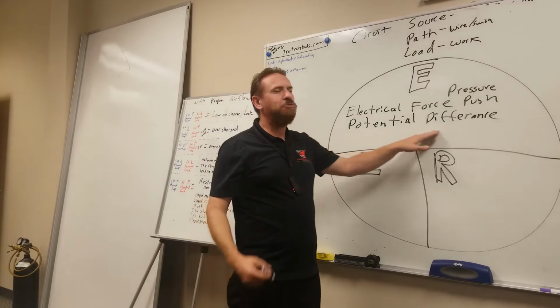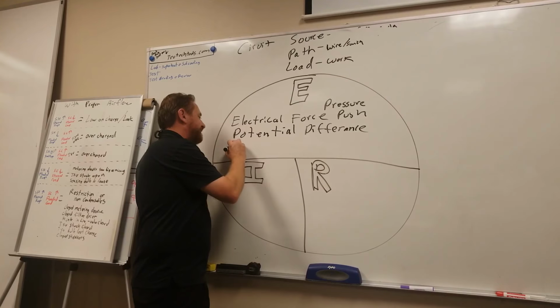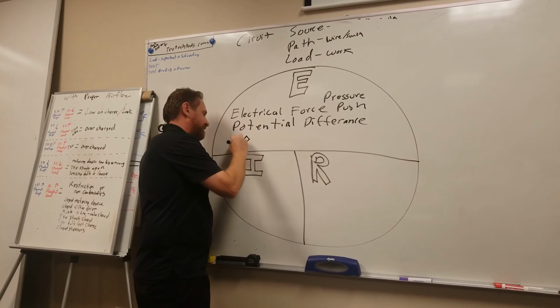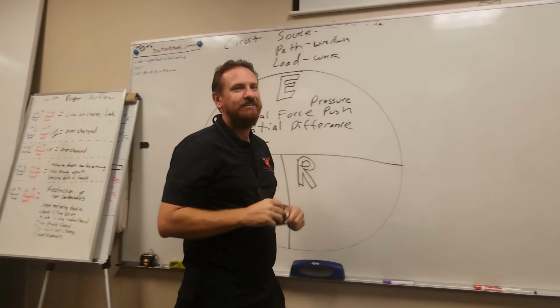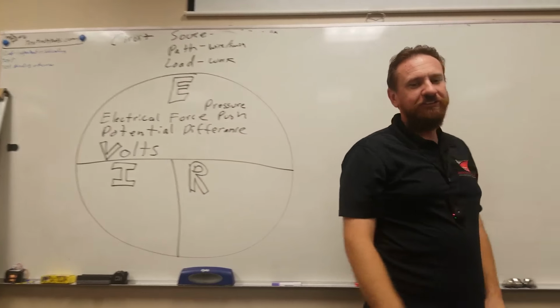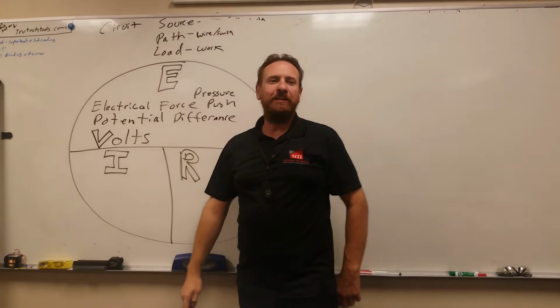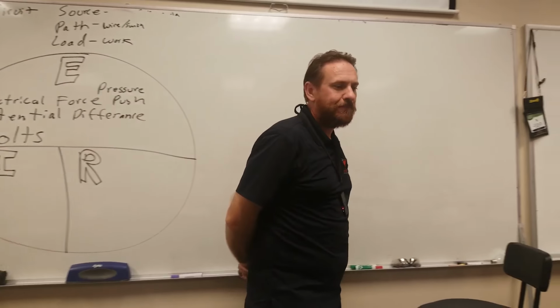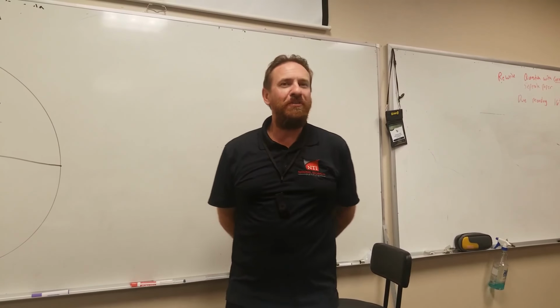So potential difference between two different points. This is also known as volts. So this guy came up with this, and he used the letter E for electrical pressure, electromotive force. And then after he dies, they wonder, like, hey, that's a really cool thing this guy came up with.